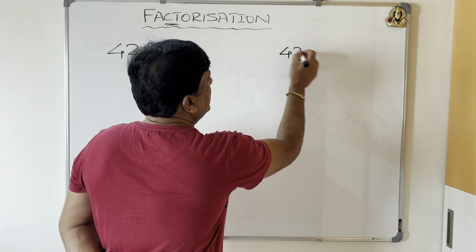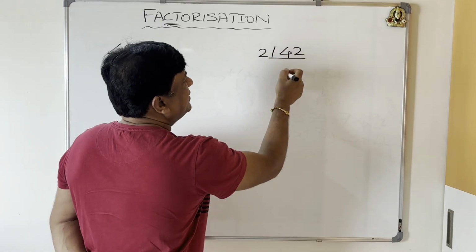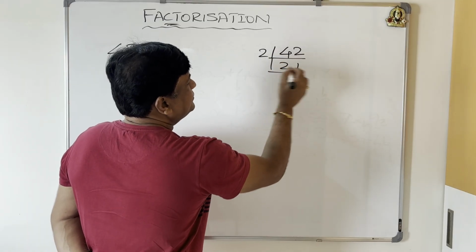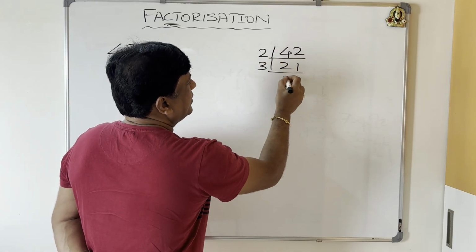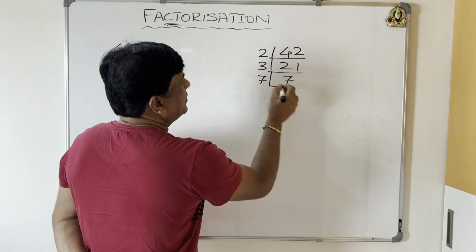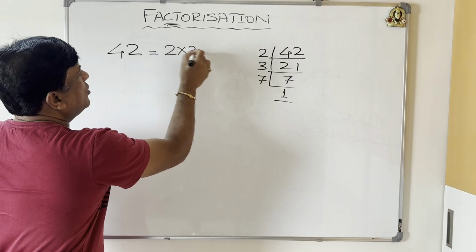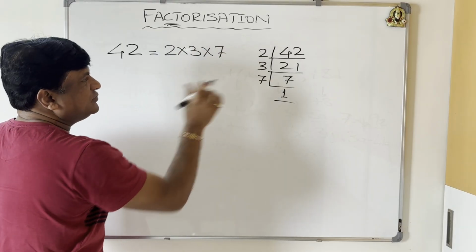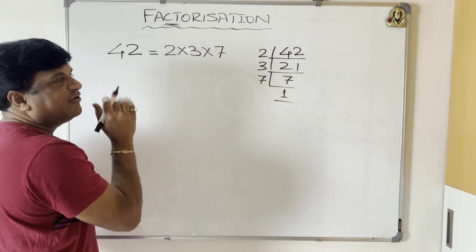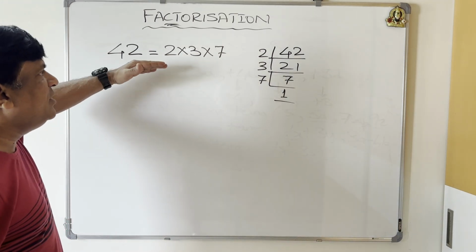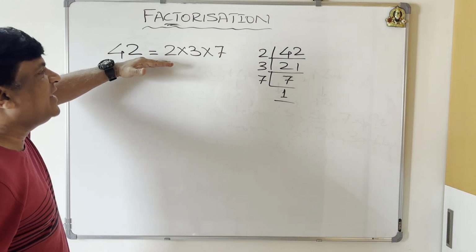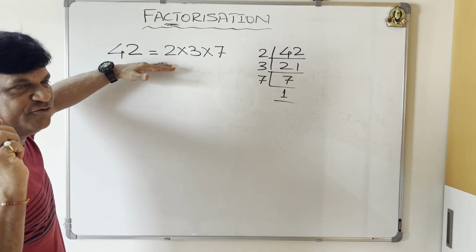We just do a ladder method and find the factors of that number. So these are the factors of this particular number. That is how we find the factors of a number. Similarly, we can do the same thing for algebraic expressions also.